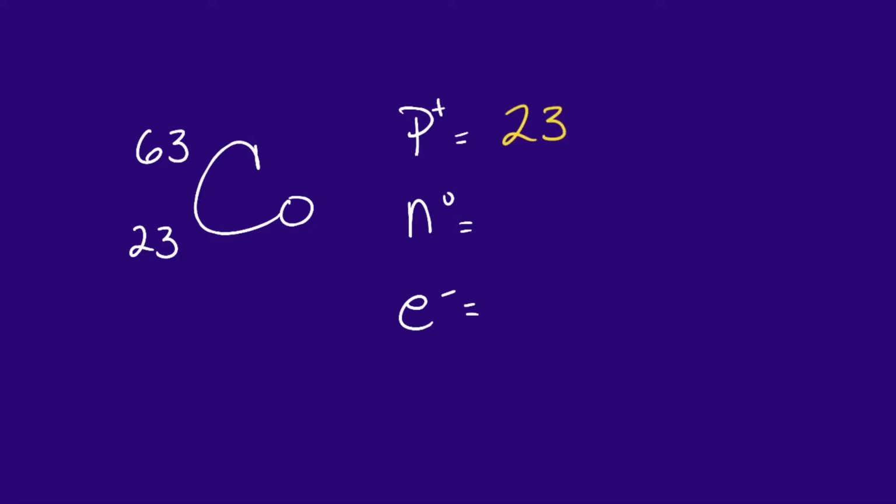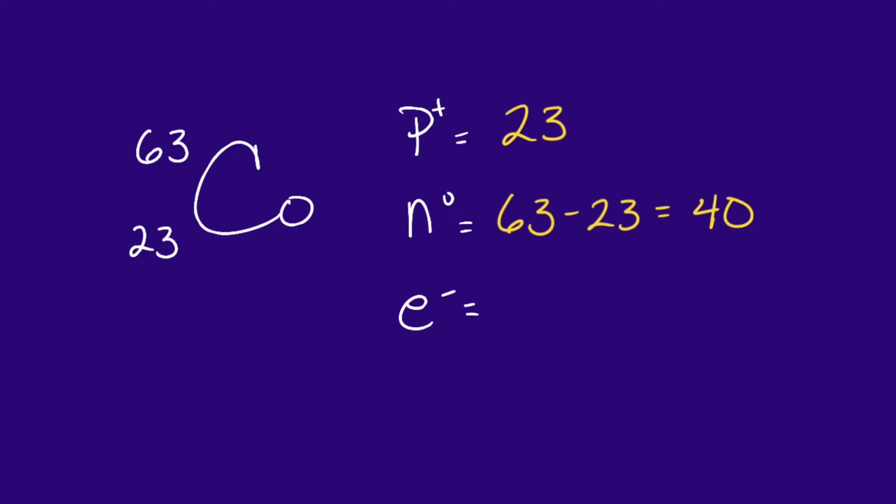Once we know the number of protons, we can find the number of neutrons. Recall that the mass number, which is 63 in this case, is protons plus neutrons. So if we do the mass number, 63, minus the number of protons, 23, that will give us the number of neutrons. So 63 minus 23 is 40. We have 40 neutrons here.